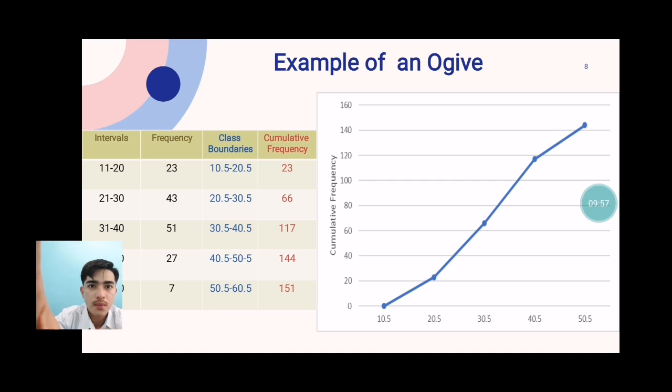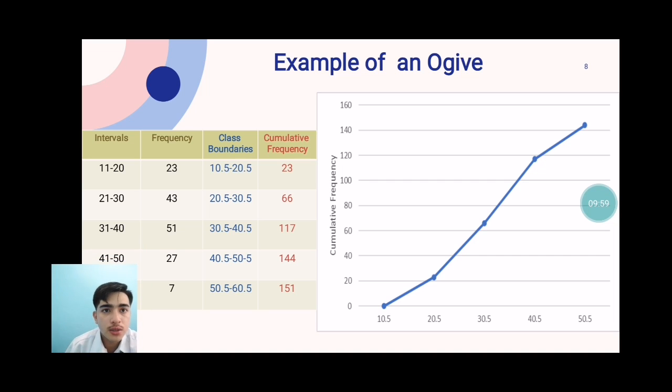So how to get the class boundaries? All you have to do is subtract 0.5 from the lower limit and add 0.5 to the upper class limit.